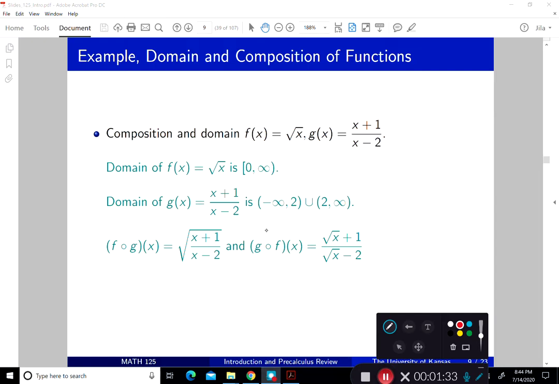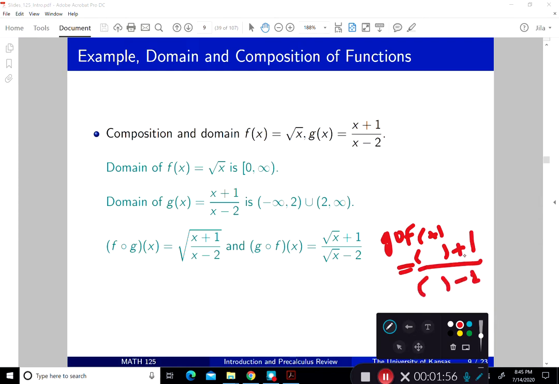So this is basically writing down when you're doing g of f of x, you write down g of x with parentheses for x. That's the outside function.